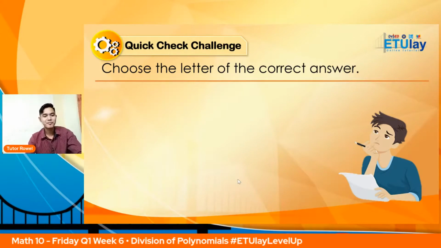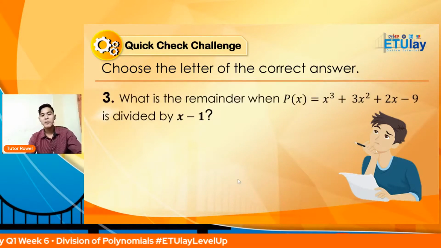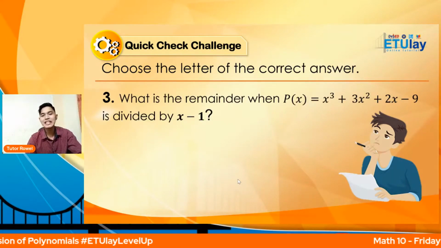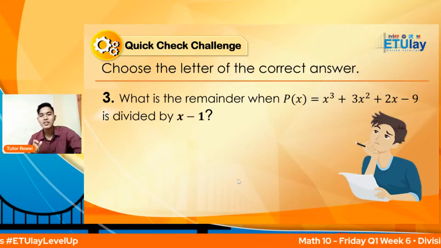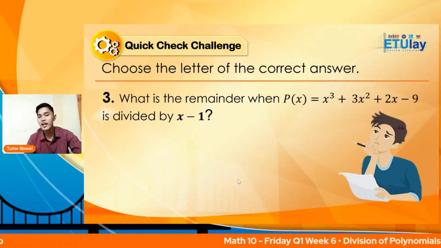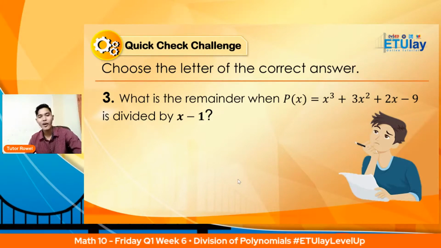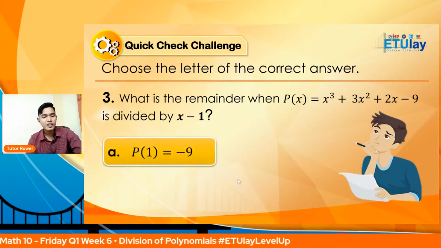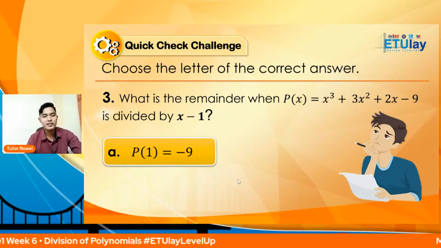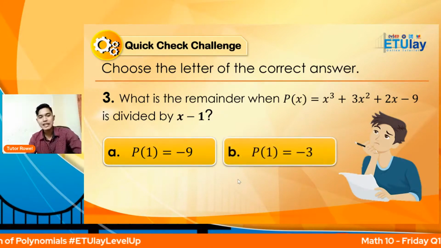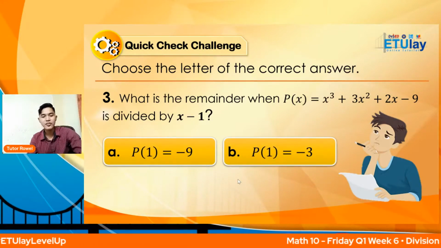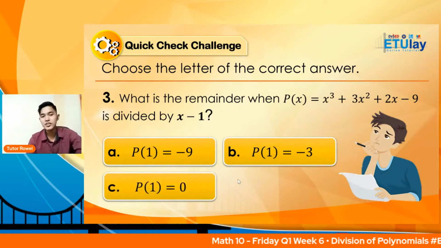How about this one? What is the remainder when P of x is equal to x cubed plus 3x squared plus 2x minus 9 is divided by x minus 1? Is it A, P of 1 is equal to negative 9? B, P of 1 is equal to negative 3? C, P of 1 is 0?